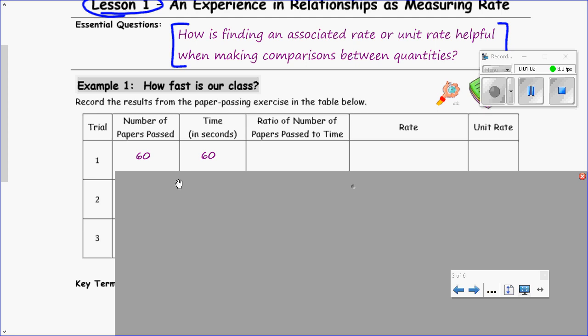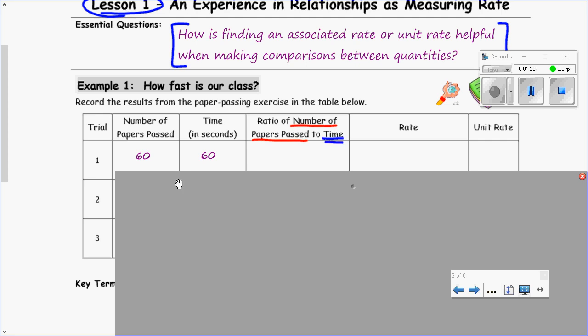So someone's passing out 1 paper per second. What is the ratio then? Ratios are in order, so it's the number of papers passed to time.